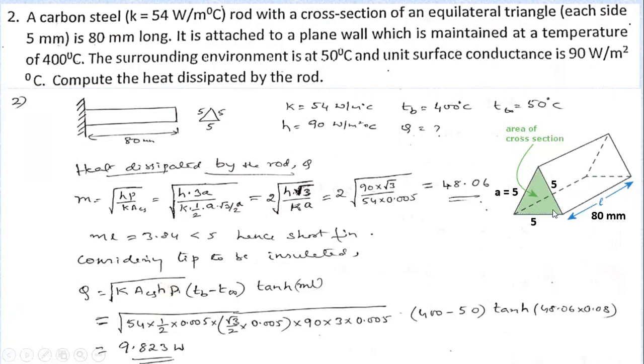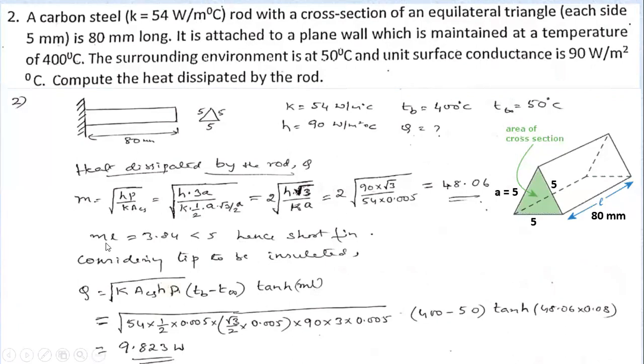That is sine 60 degrees equal to opposite side by hypotenuse, and find the value. We get the opposite side as root 3 by 2. So if we simplify, we'll get the value of m as 48.06 for this case.